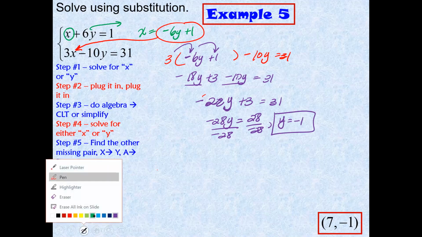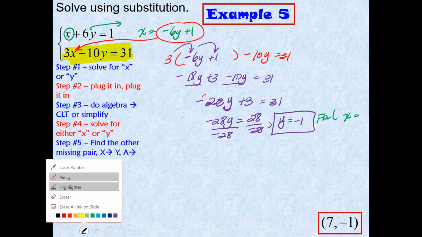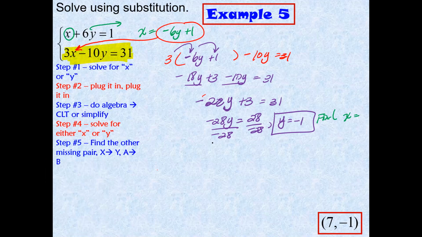Well, if you have negative 1, what do you need to find? You will need to find x. So pick an equation that you would like to plug x in. I'm just going to pick the second one because it looks harder. So with the second one, you have 3x minus 10y equals 31.